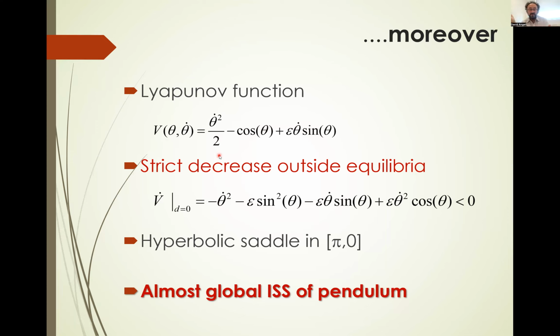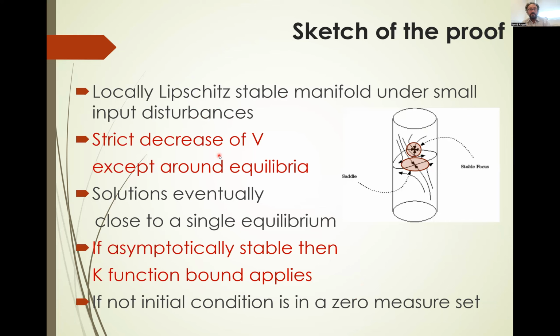Okay, there are solutions always typically that will in fact converge to the unstable equilibrium, or might converge to the unstable equilibrium somehow, or stay around it. But this is only going to happen for a zero measure set of initial conditions, which is dependent on the disturbance.